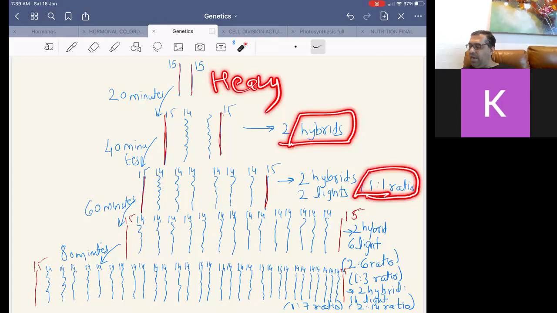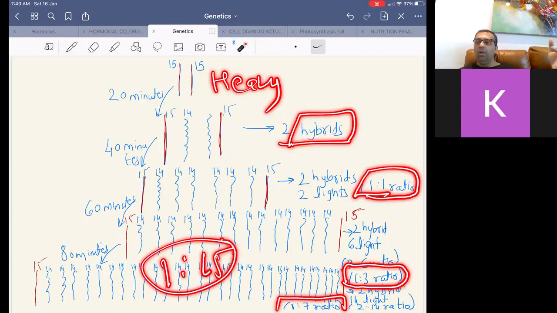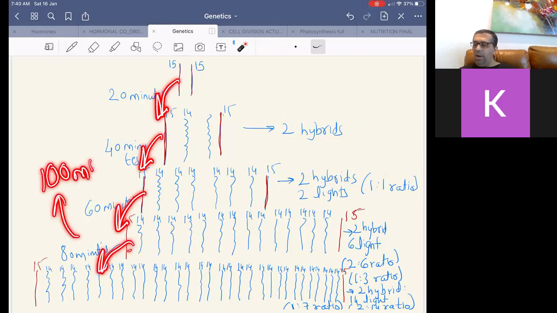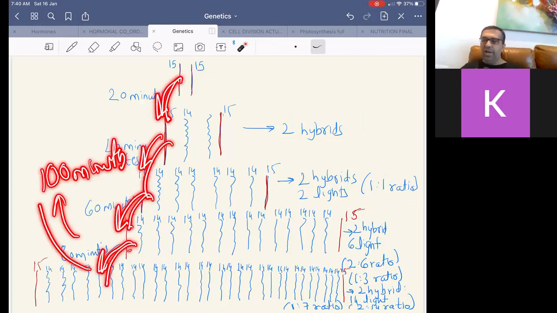Then we will have 1:3 ratio, then 1:7 ratio, then 1:15 ratio, and so on. So whatever they ask you, after 20 minutes what will you get, 40 minutes, 60 minutes, 80 minutes, 100 minutes, or they may ask what you get in the first, second, third, fourth, fifth generation.